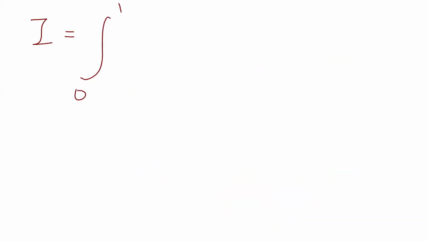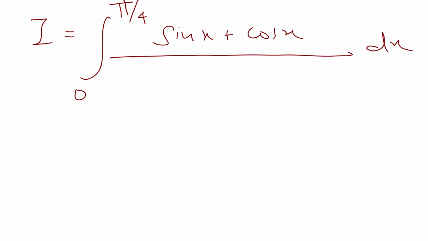Integral from 0 to pi by 4 of sin x plus cos x upon 9 plus 16 sin 2x. Now see, it's very difficult for us to proceed with such types of problems, but we have to remember this method somehow.